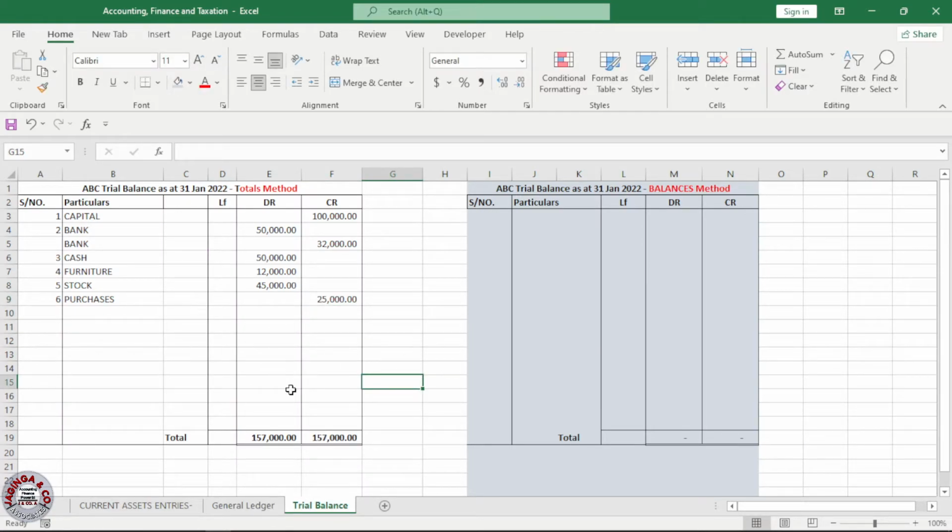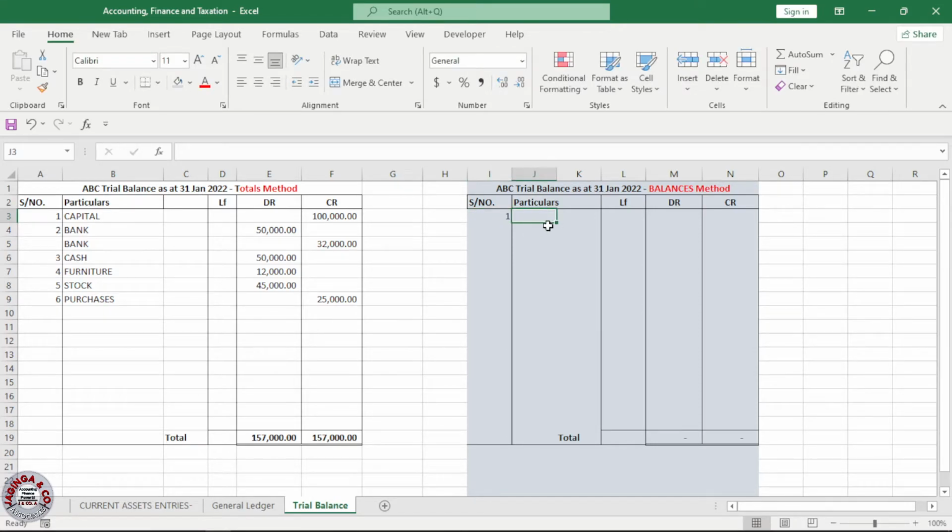So our trial balance using the totals method is balancing; both debit and credit totals are equal. So let's move to the balances method. With the balances method, we'll use the balances carried down from each and every ledger account. So we'll start with capital.